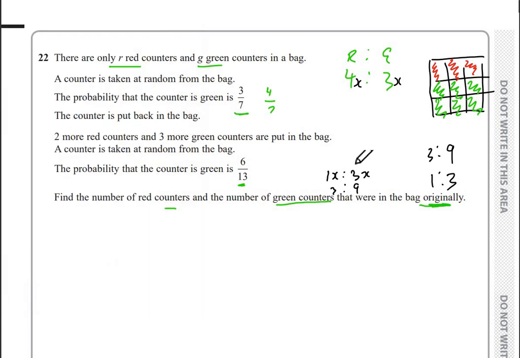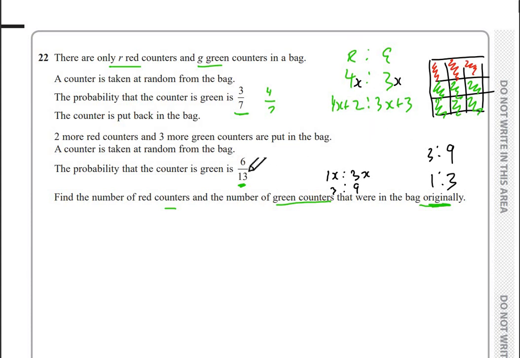So the counter is put back in the bag. 2 more red counters and 3 more green counters are added to the bag. So okay, 2 more red counters, that gives us 4x plus 2 and 3x plus 3. The probability that the counter is green is 6 over 13, which means, again, we can put this in terms of ratio.